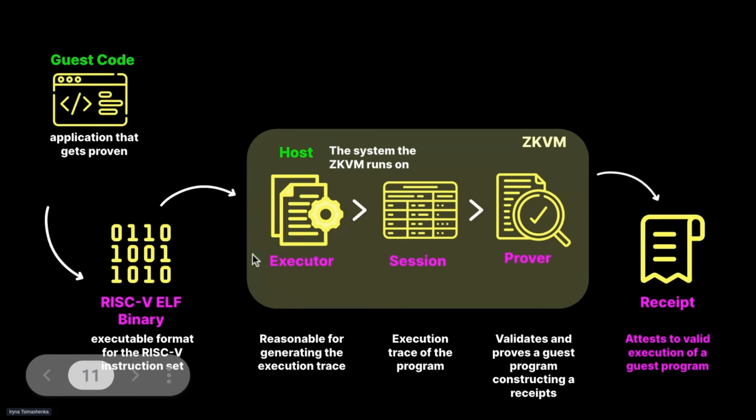And this is the host, where you run the ZKVM. This part is the prover, which validates and proves the guest program and constructs the receipt. What you get out of the ZKVM is a receipt that attests to the valid execution. This is evidence of valid execution of the guest program.